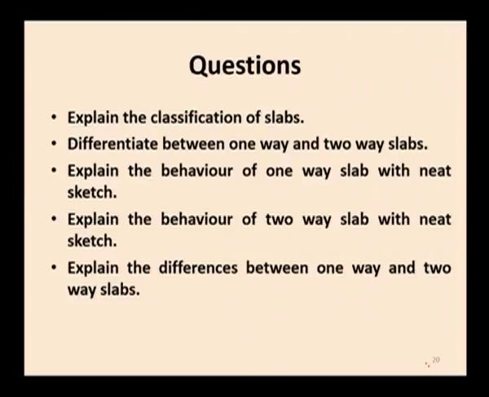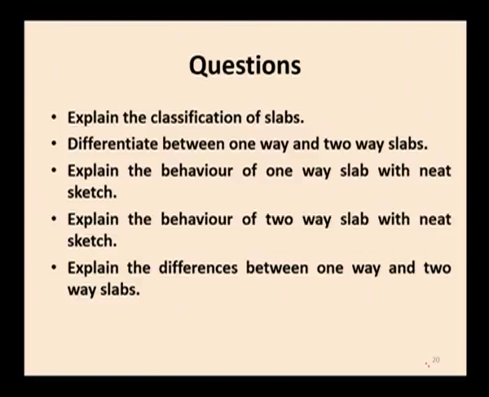Next, differentiate between one-way and two-way slabs. Explain the behavior of a one-way slab with a neat sketch, and explain the behavior of a two-way slab with a neat sketch. Explain the differences between one-way and two-way slabs. For these questions, we must know the differences between one-way and two-way slabs in detail.